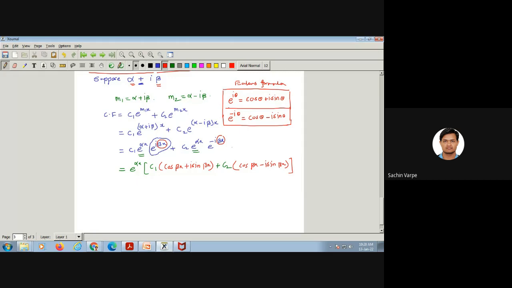So what we do, we combine the terms, that is e to the power alpha x into, if I take cos beta x common from both of these, then c1 plus c2 times cos beta x, plus i c1 minus i c2 times sine beta x.